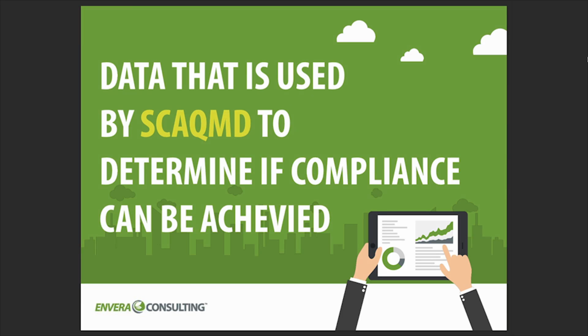And it's important to note that the data that you provide within your engineering evaluation will be used by the air district to determine if the piece of equipment that you want permitted can be constructed and operated in compliance with all the rules and regulations of the air district that are applicable to this piece of equipment. And so, like I said, there are 10 components of an engineering evaluation. We're going to talk briefly about the 10.